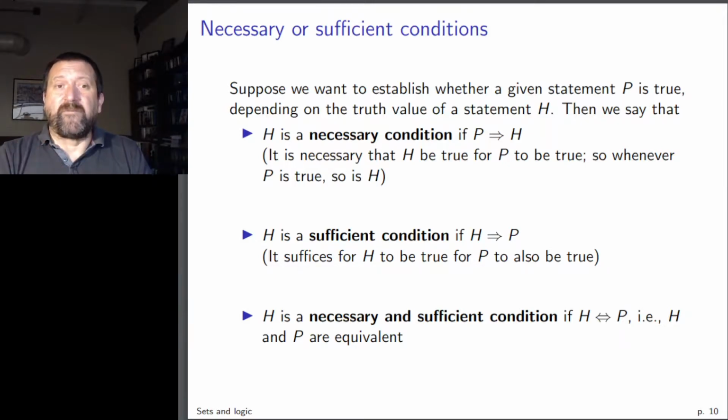A sufficient condition is the opposite, when H implies P. This means it suffices for H to be true for P to be also true. Finally, we say that H is a necessary and sufficient condition if H is equivalent to P.